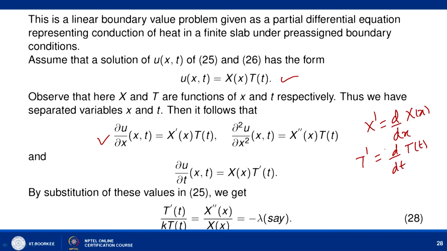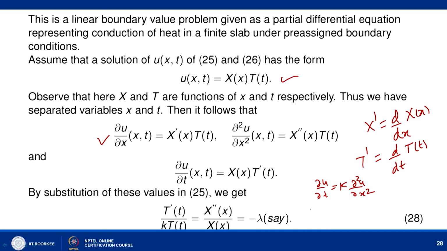Here this represents the total derivative, and the partial derivative is given by ∂u/∂x and ∂²u/∂x². Similarly we can calculate ∂u/∂t, and it is X(x)T'(t). If you look at our equation, it is ∂u/∂t equal to k ∂²u/∂x².